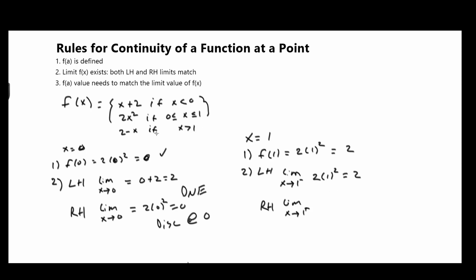This x value is greater than 1, so we'll use this function. That's equal to 1. So once again, our limits don't match, so it does not exist. So this is also discontinuous at point 1.